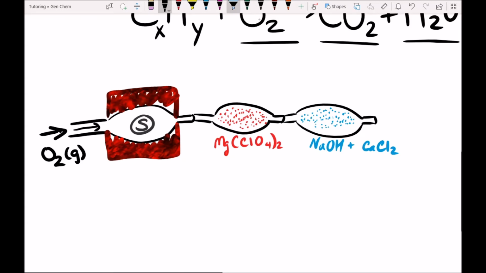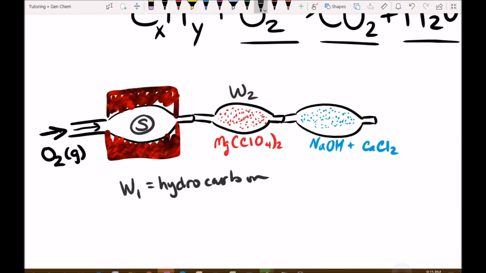So our process, we have our unknown hydrocarbon, and we must weigh it initially. So we have our first weight, which is the hydrocarbon. Then we get our weight number 2, which is the initial weight of the chamber with the desiccant that absorbs the water.